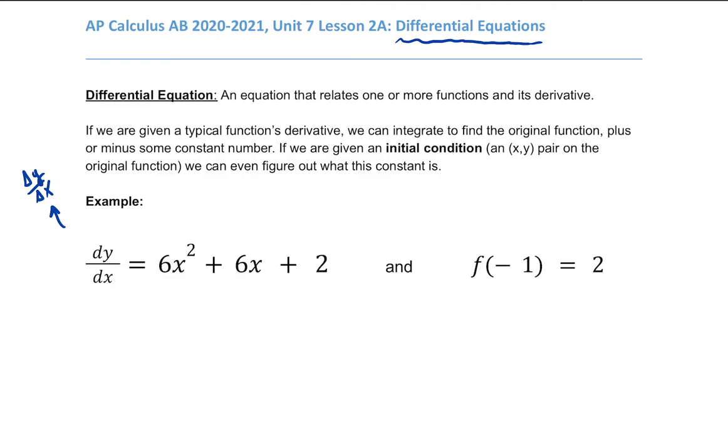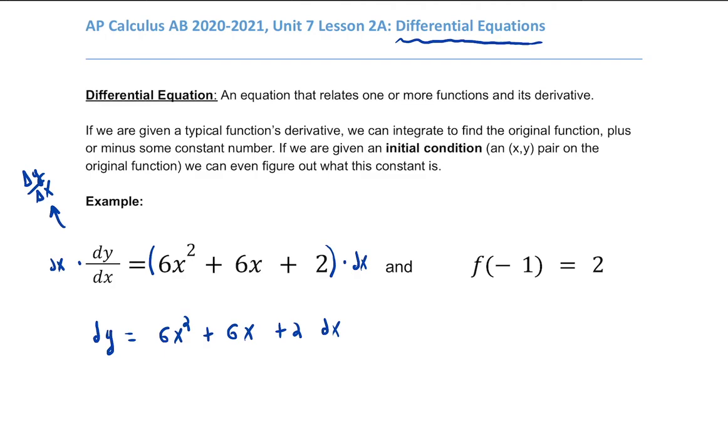And so I'm going to separate these equations by more or less multiplying by the infinitesimal change in x. Because what that's going to leave me with is the infinitesimal change in y, dy, is equal to 6x squared plus 6x plus 2 dx.